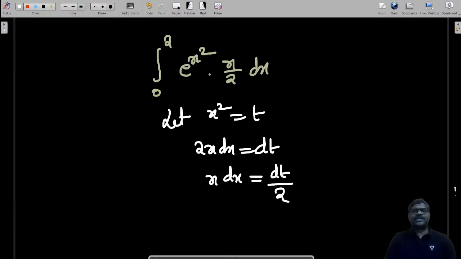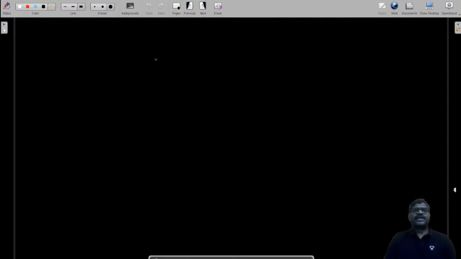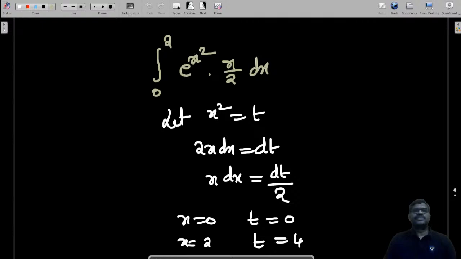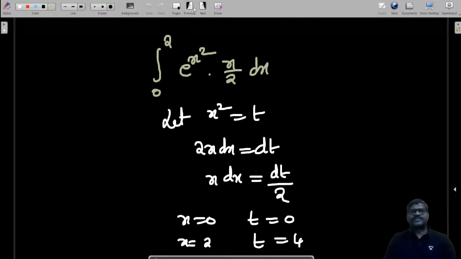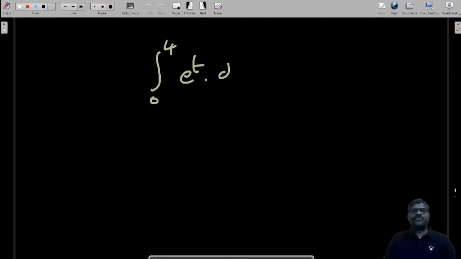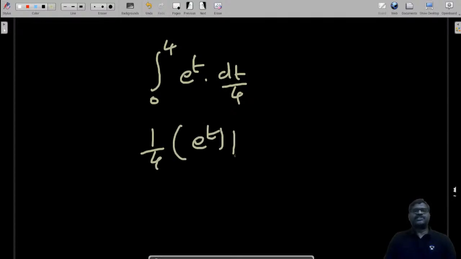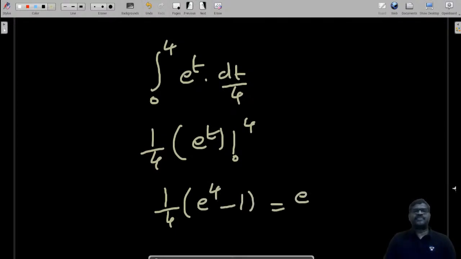X dx is dt by 2. When x is 0, t is 0. When x is 2, t is 4. Integral 0 to 4, e power x square is e power t. X dx is dt by 2 by 2, dt by 4. Integral e power t is e power t from 0 to 4. E power 4 minus e power 0 is 1. E power 4 minus 1 by 4.